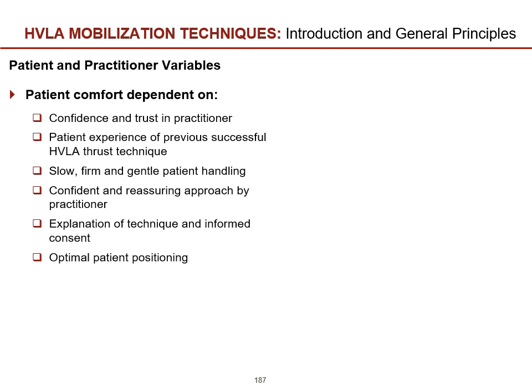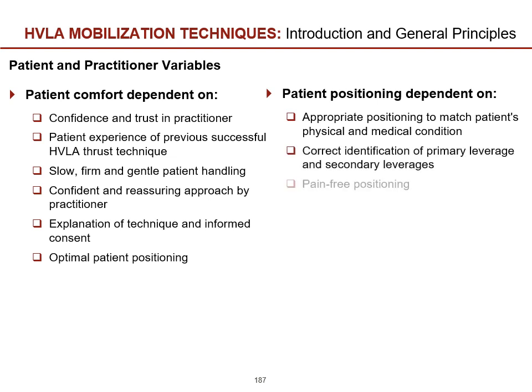And the patient positioning is dependent upon appropriate positioning to match the patient's physical and medical condition, correct identification of the primary and secondary levers, the pain-free position, and the appropriate use of pillows and treatment couch adjustment. Couch here refers to the plinth.